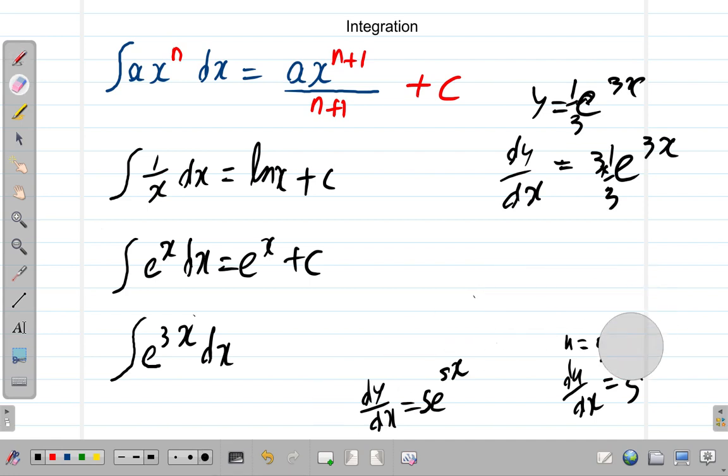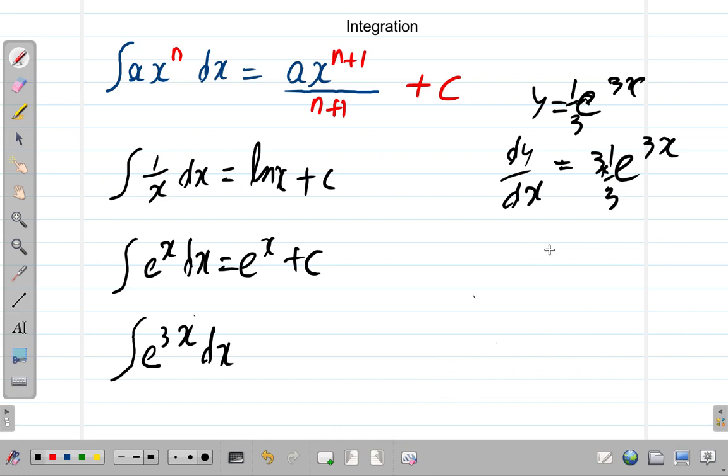And what is 3 times 1/3? Is 1. So what you get is 3 cancel 3, so you get e to the 3x. Oh, so it seems as if, since when you integrate this, you get something, and when you differentiate that something, you get back this. That something would be 1/3 e to the 3x. Alright, plus c, of course.